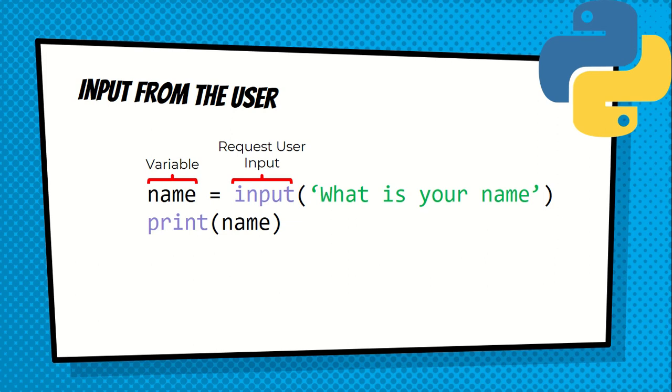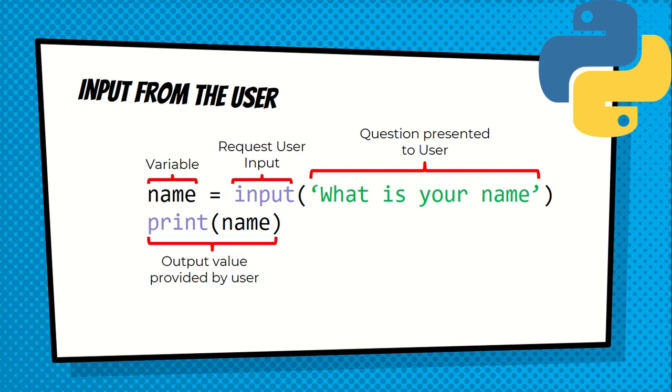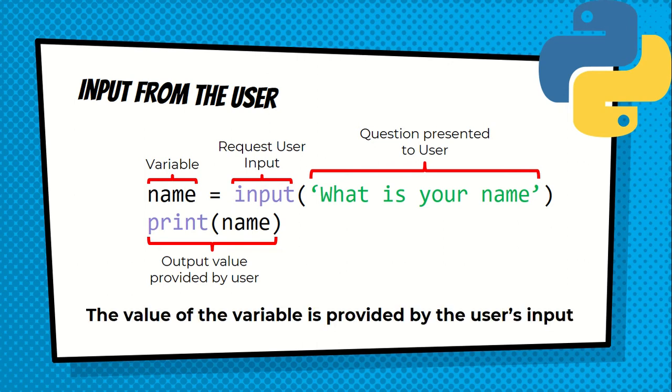Input is a command that allows us to request input from the user. Inside the brackets is the question that we ask the user, and then we output the value that the user has provided. So that is a really common thing that we do in programming all the time, getting input from the user, and you'll see a number of problems that require you to do that.